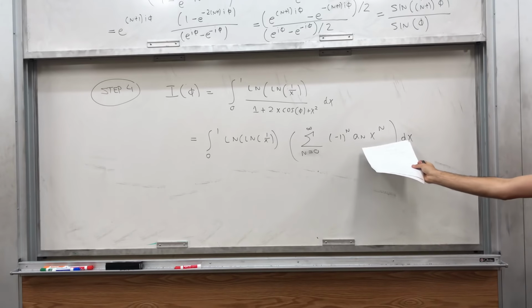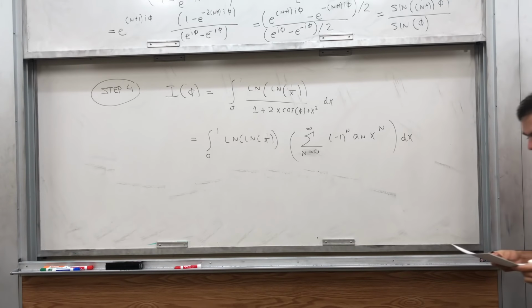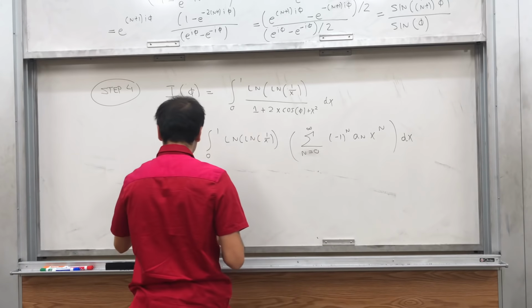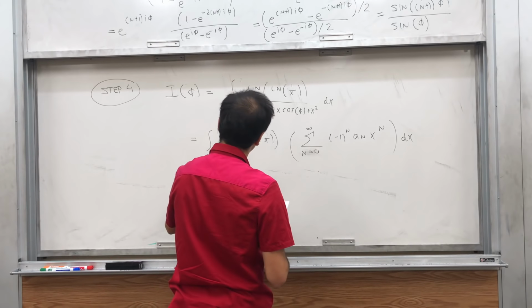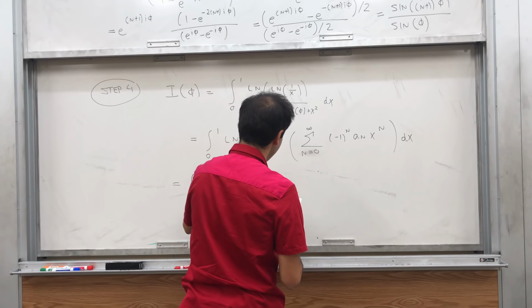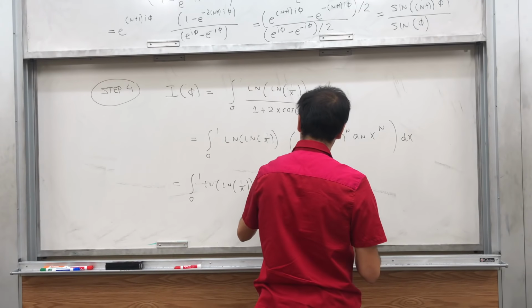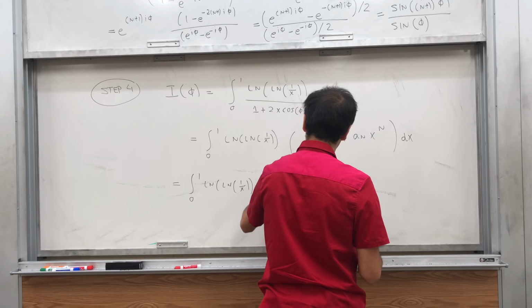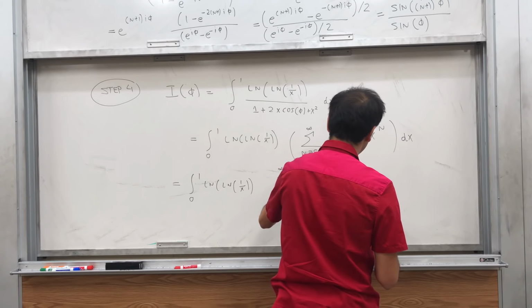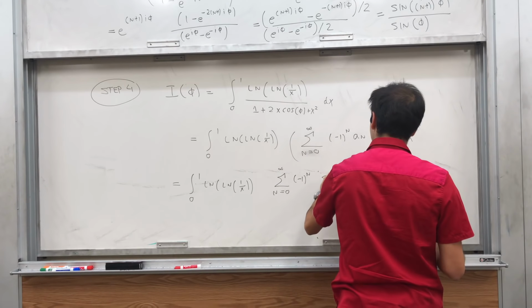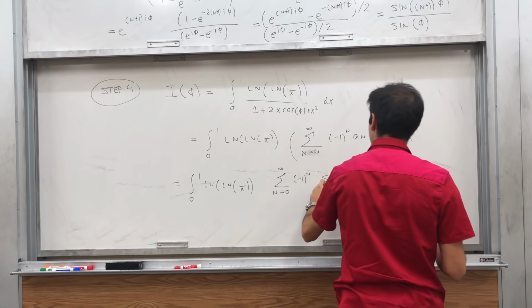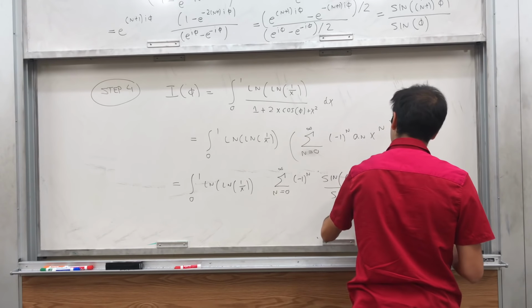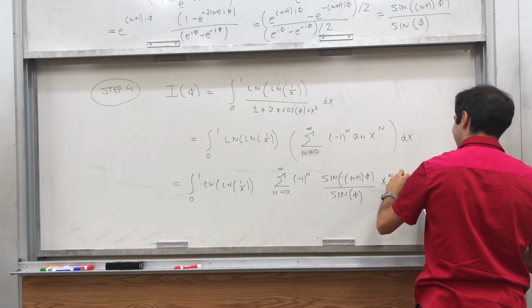But the whole point is we found a very nice formula for the coefficients. So this integral really just becomes the integral from 0 to 1 of ln of 1 over x times the sum from n from 0 to infinity of minus 1 to the n sine of (n plus 1) phi over sine of phi, x to the n, dx.